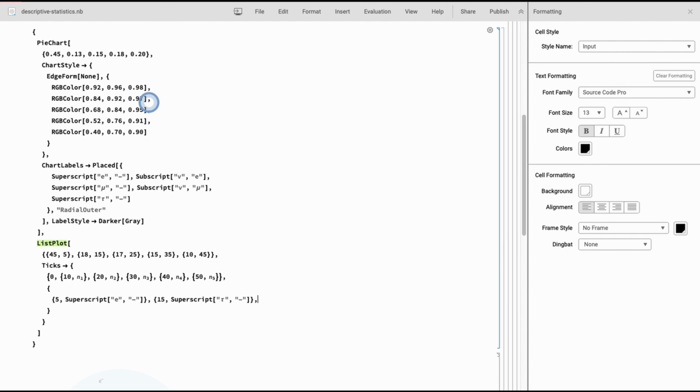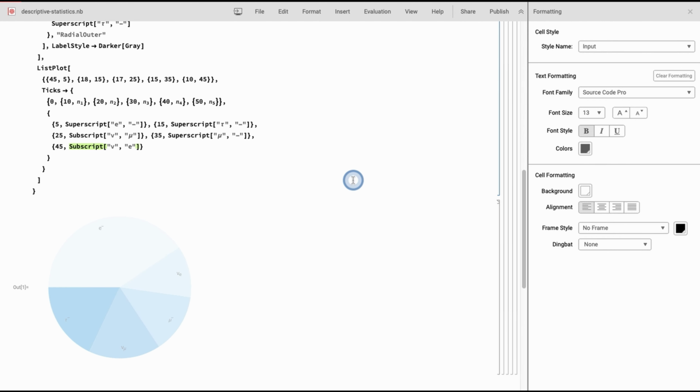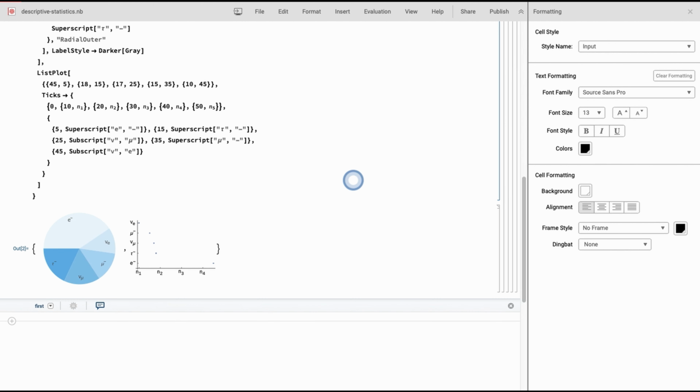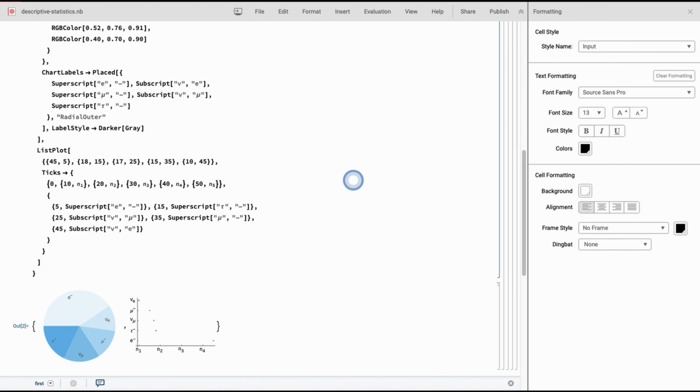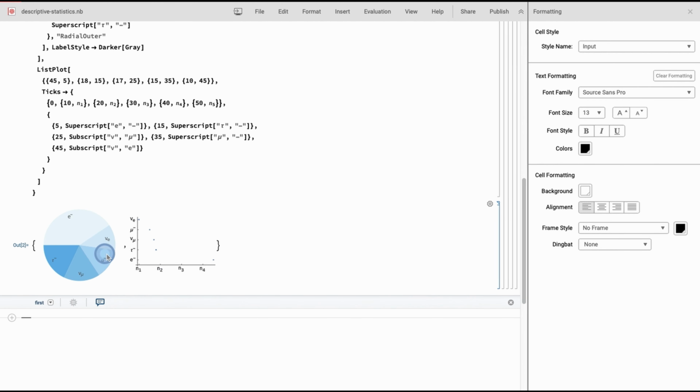Again, we're going to separate each tick mark by a distance of 10 points. Cool. Let's see what this all looks like. Okay, perfect. And then lastly, let's label this list or set of graphs.